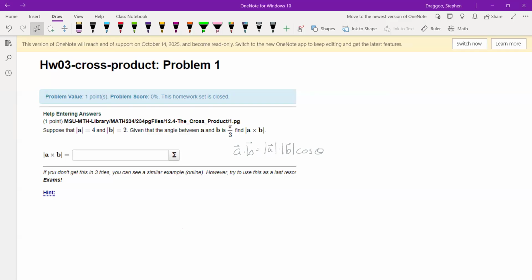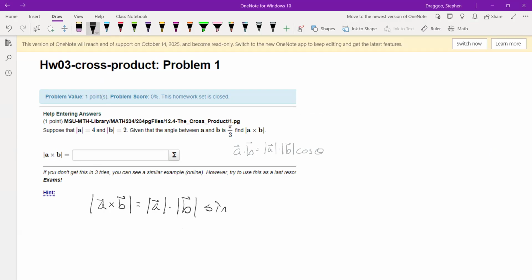So I've got one of the geometric formulas written down on the screen. That's our dot product geometric interpretation. But we wanted the one for the cross product. I'll go look at A cross B. Its magnitude is the magnitude of A times the magnitude of B times sine of theta.